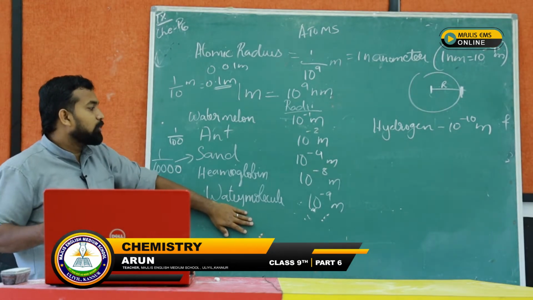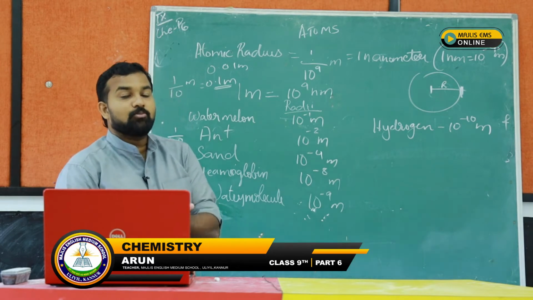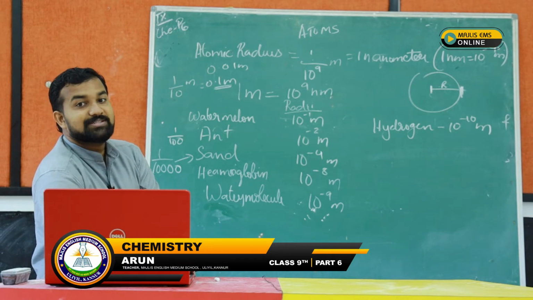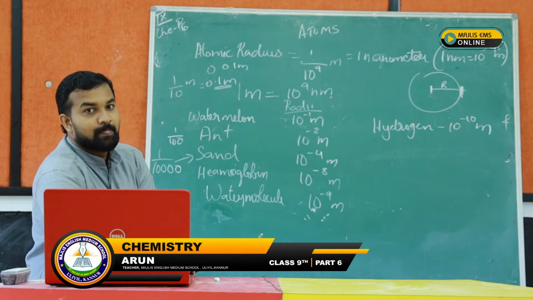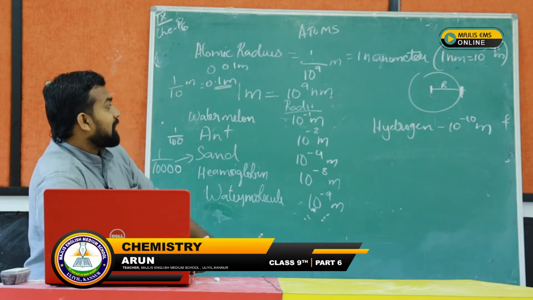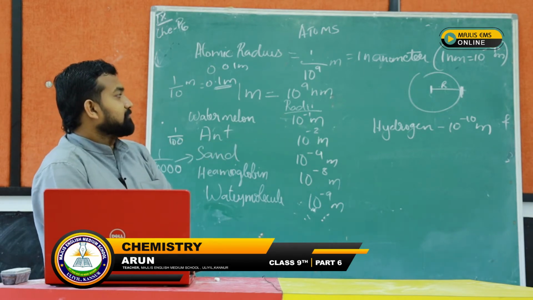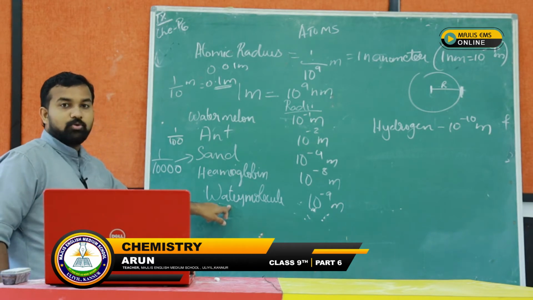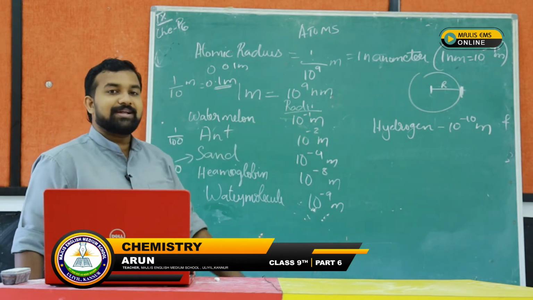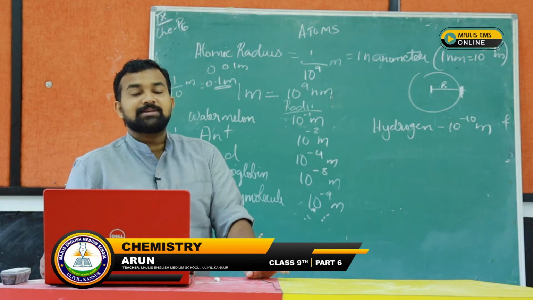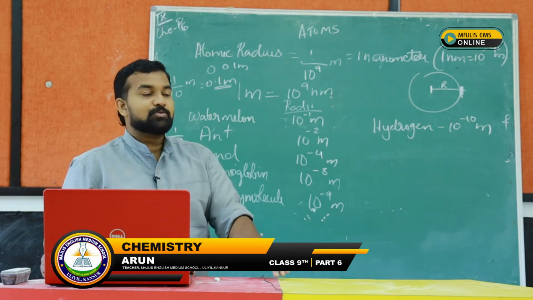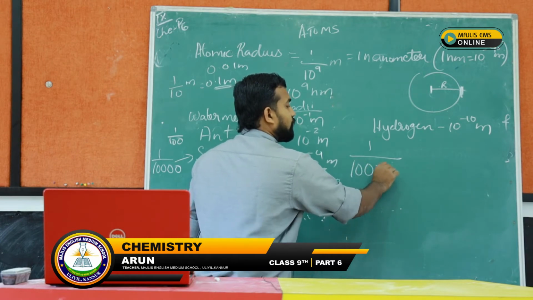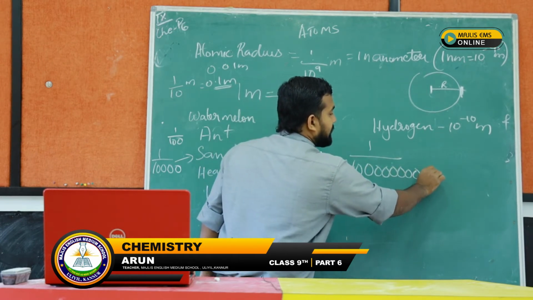Then comes a water molecule. If we consider a water molecule H2O, this will have the size 10 raised to minus 9 meter. And a single hydrogen atom, that will have 10 raised to minus 10 meter. 10 raised to minus 10 means it is 1 by 1, 2, 3, 4, 5, 6, 7, 8, 9, 10 zeros.